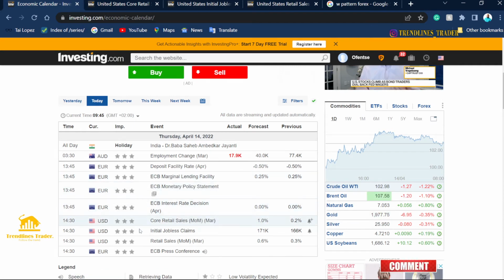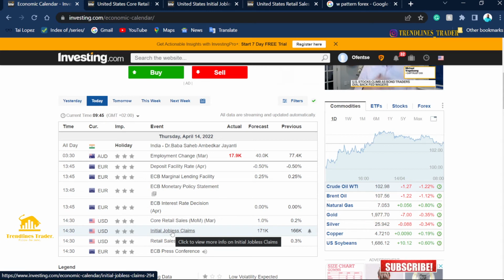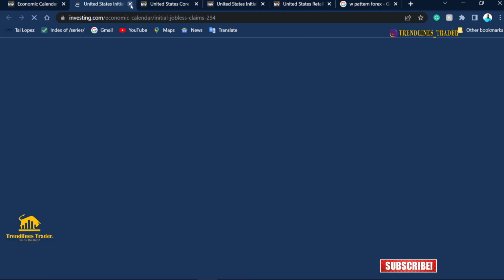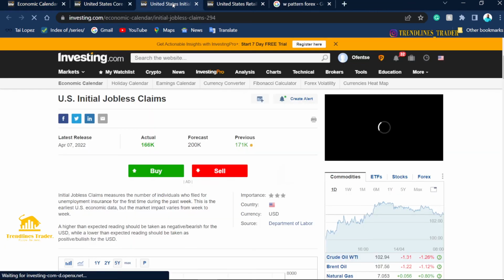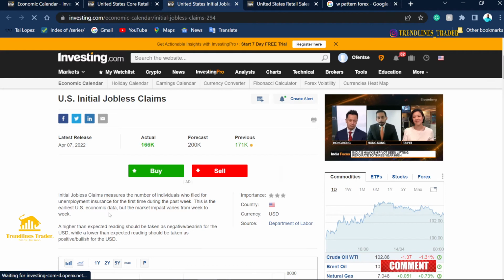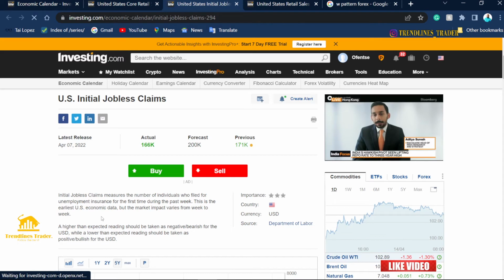And let's look at the second news bulletin that we are expecting, which is the initial jobless claims. US initial jobless claims measures the number of individuals who filed for unemployment insurance for the first time during the past week. This is the earliest US economic data, but the market impact varies from week to week.